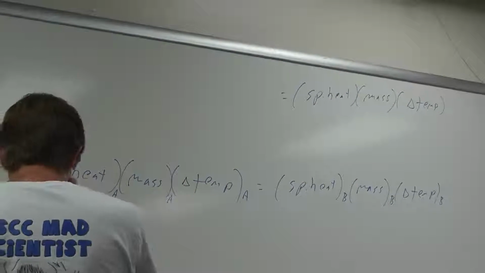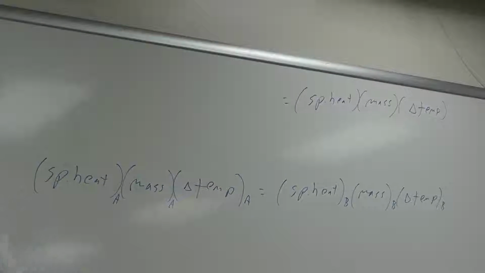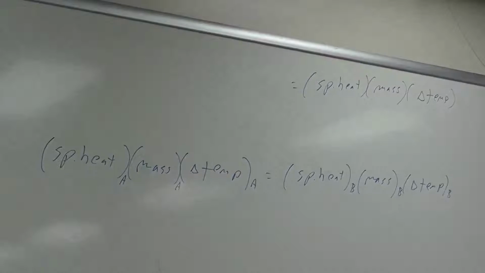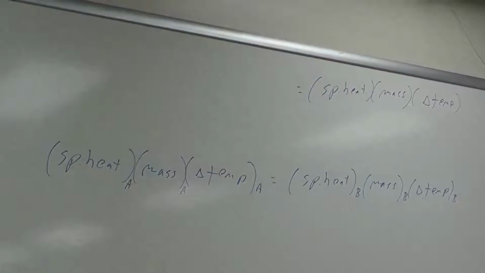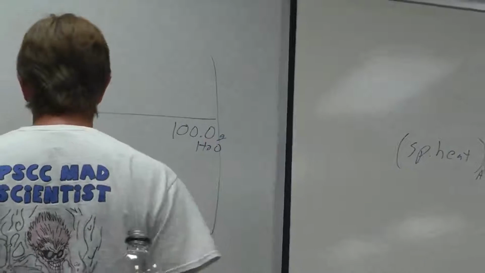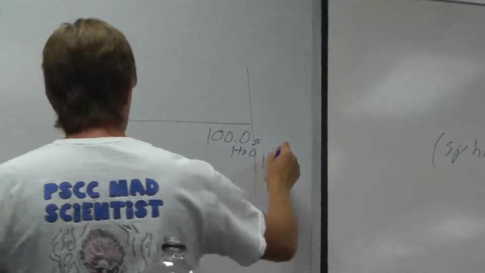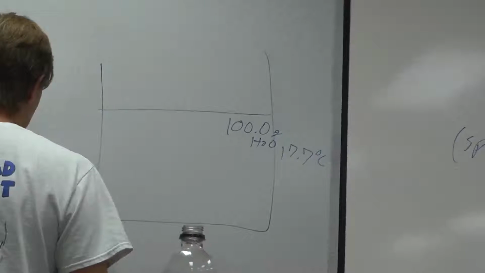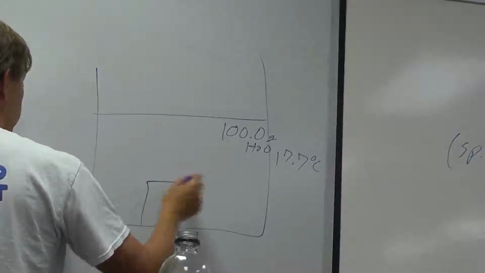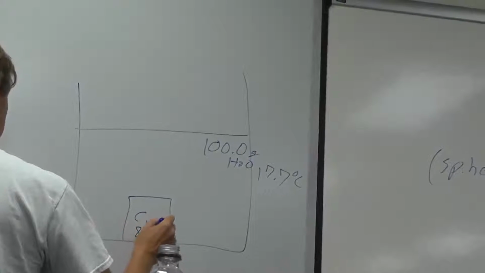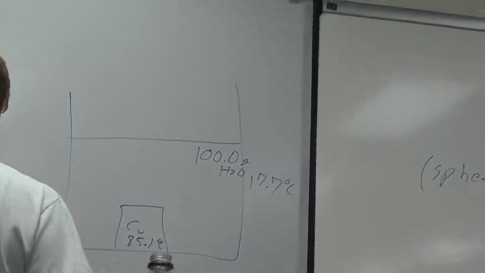Problem number 20. We got a beaker, we got water, and the water starts out at 17.7 degrees. We put in some copper metal, which was at 85.1 degrees initially.